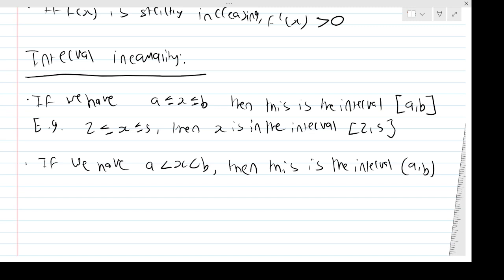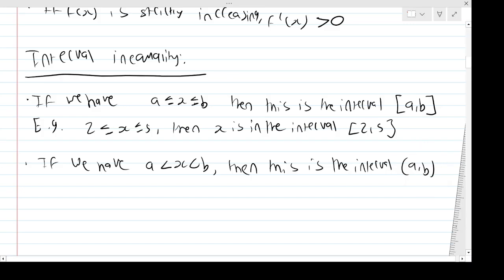And hopefully obviously the difference here is that the brackets are different. So a square bracket means it's inclusive, which means it includes a and b at the end. And if it's a round bracket, that means it excludes a and b at the end, but everything in between a and b. Okay, so it's strictly between a and b.